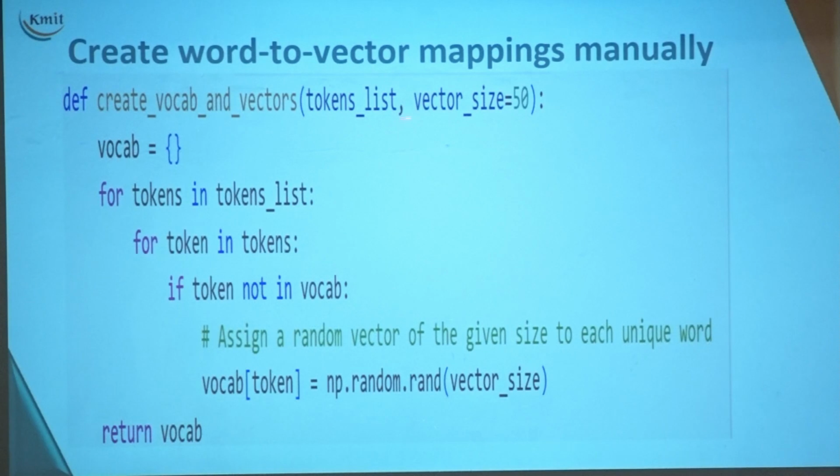Tokens underscore list, vector underscore size. When I am applying this to my model, will I use the same token underscore list there? No, I'll give the token names that I have given just now. We will see that also. And then what is the second parameter? I told you it is what type of parameter?